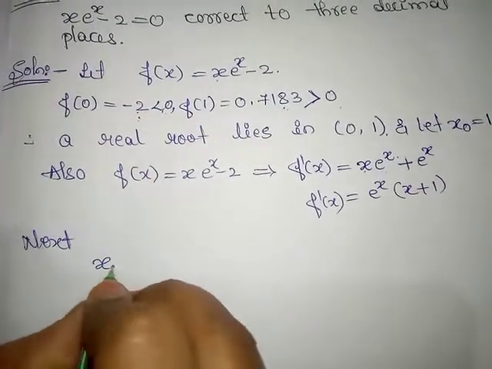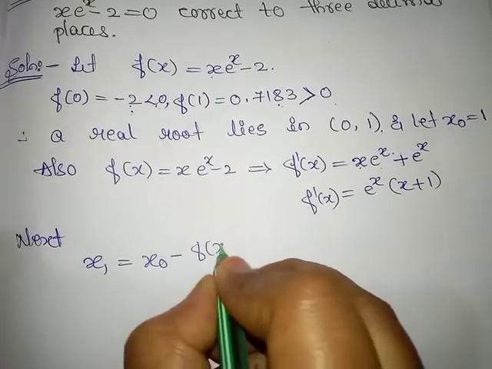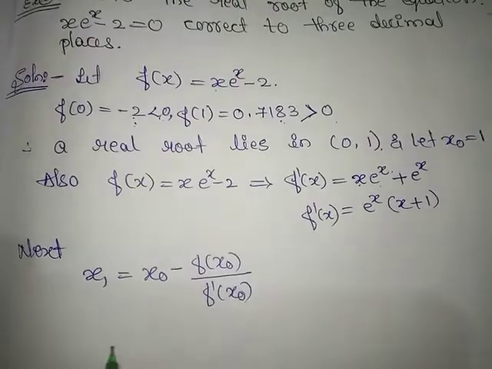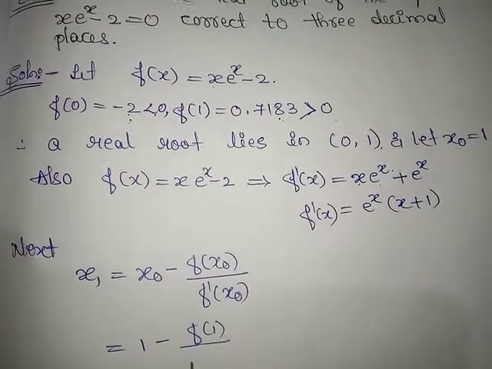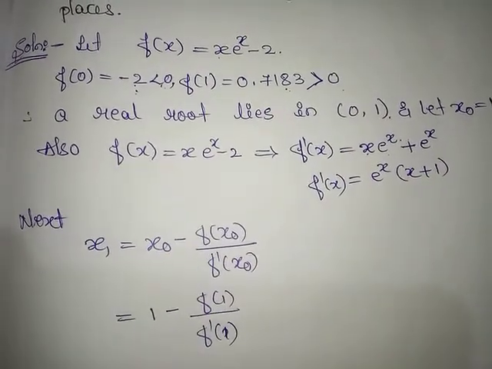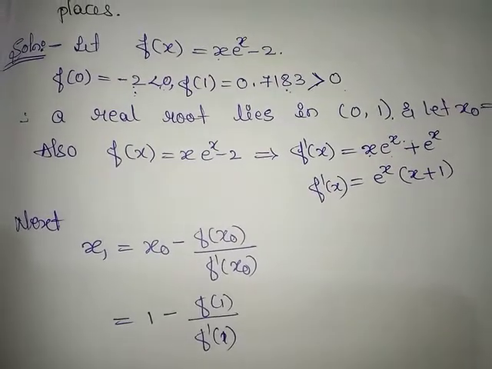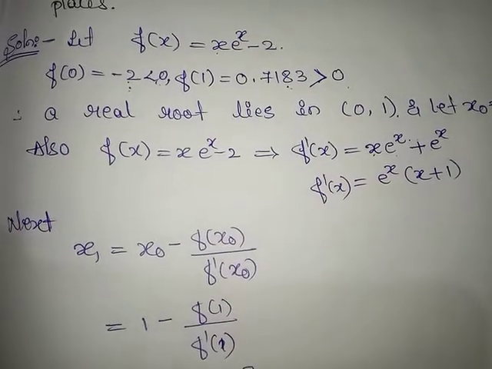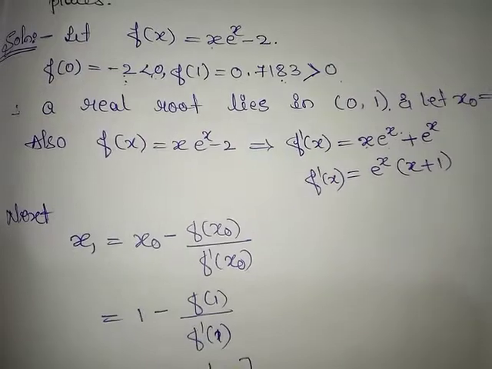Now go for the first approximation. x1 is equal to x naught minus f of x naught divided by f dash of x naught, which is equal to 1 minus f of 1 divided by f dash of 1, which is equal to 1 minus (1 into e raised to 1 minus 2) divided by e raised to 1 into (1 plus 1).